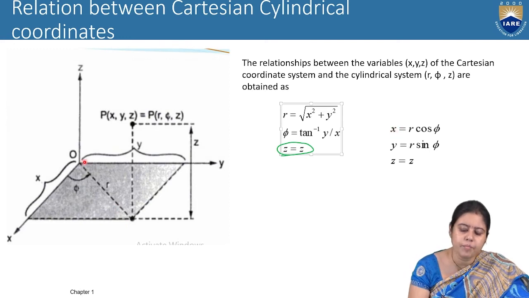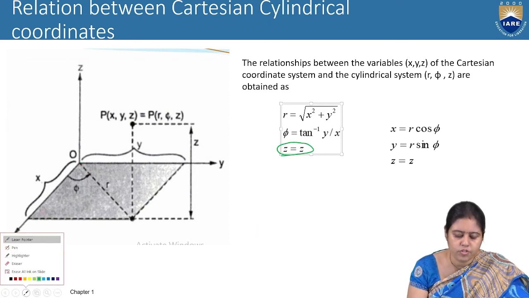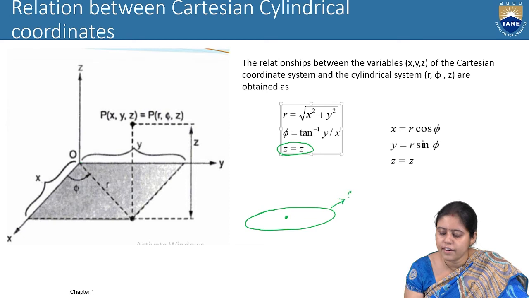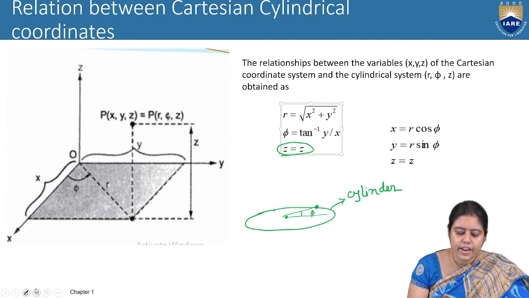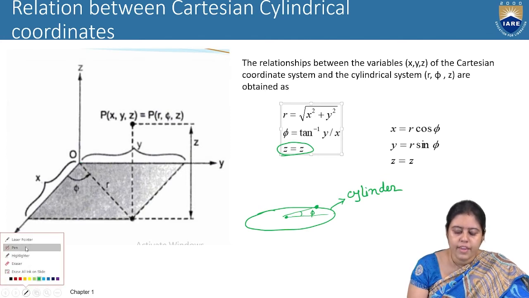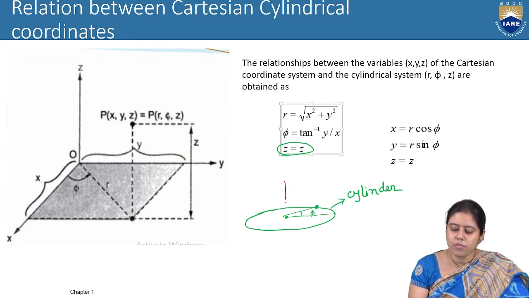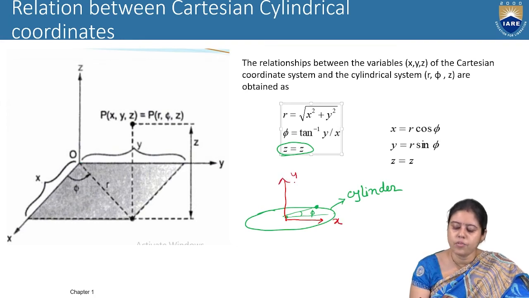If the distance is r, we can draw only the circle part. So this is a circle. This is the cylinder. I am writing with the green. One point is A and the angle is phi. Now we want to convert it into the Cartesian coordinate, x and y.